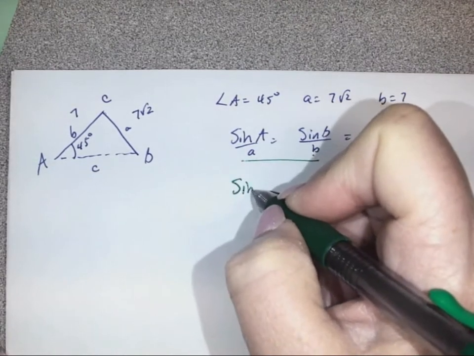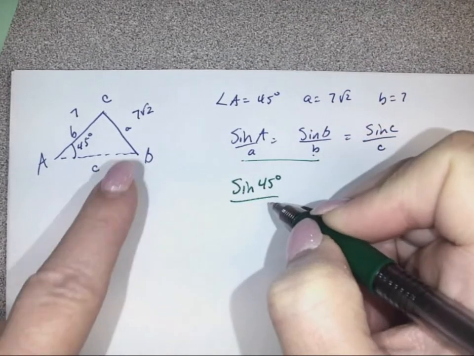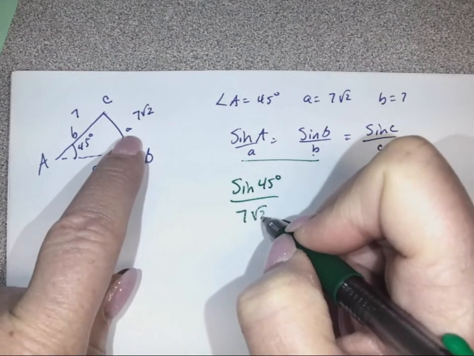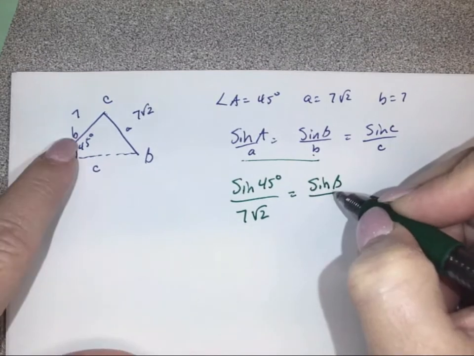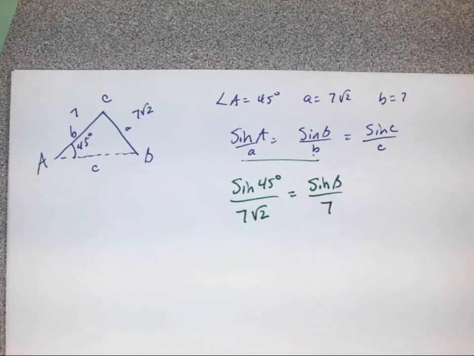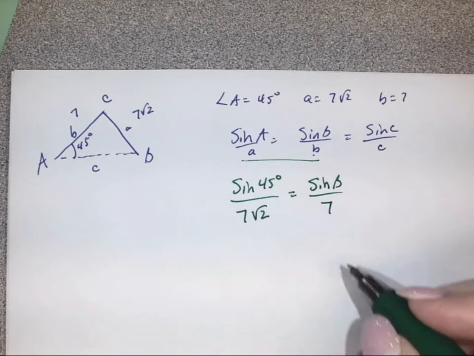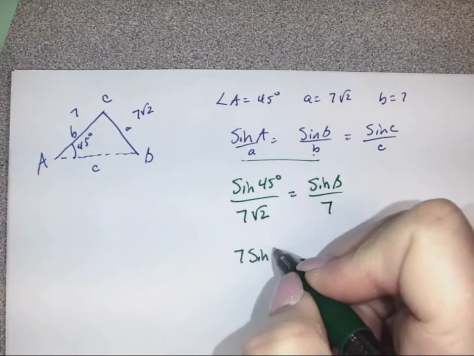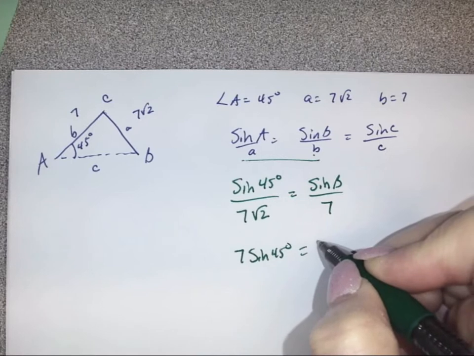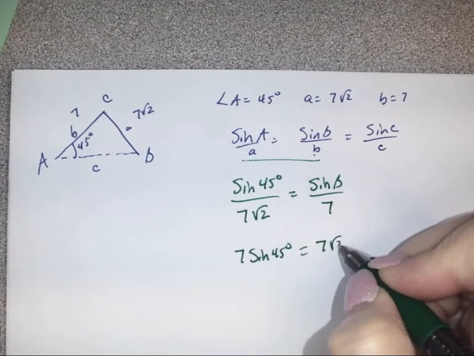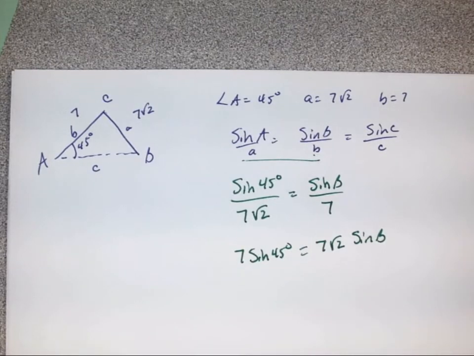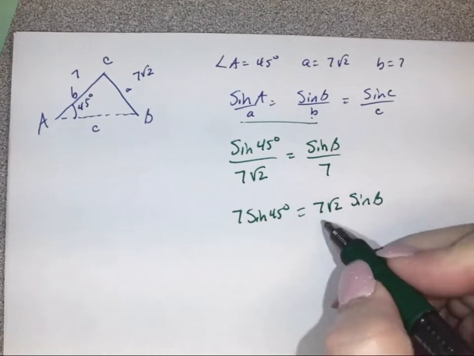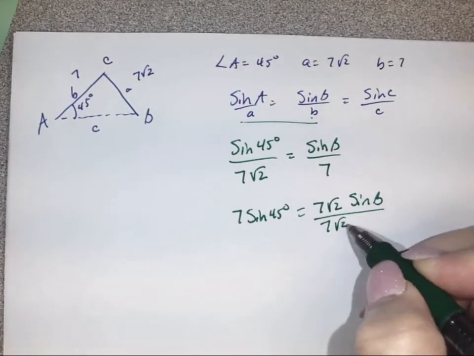So we'll have the sine of 45 degrees divided by little a is equal to the sine of B divided by little b. And again, we will cross multiply. So 7 times the sine of 45 degrees equals 7 square roots of 2 times the sine of B. Now to get the sine of B by itself, we'll divide by 7 square roots of 2.